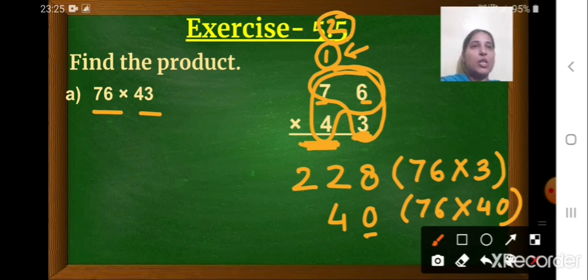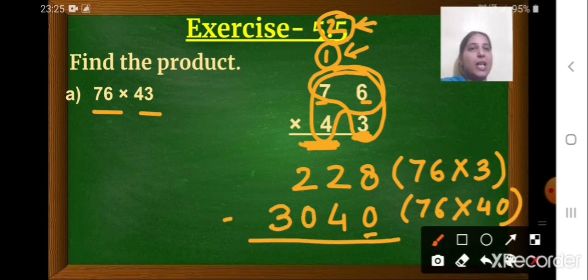So 7 4s are 28, plus this 2 we will add to it. So 7 4s are 28 plus 2, 30. So 30 we will write here, and now we will add them. So 8 plus 0 is 8, 2 plus 4 is 6, 2 plus 0 is 2, and 3 we will write here.